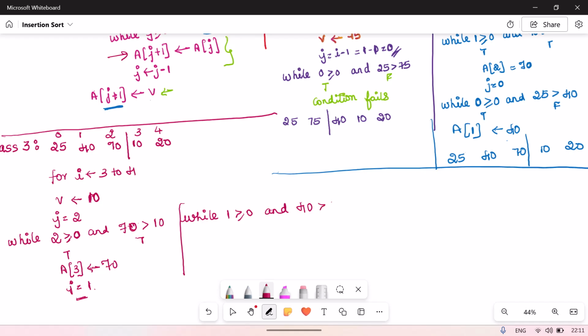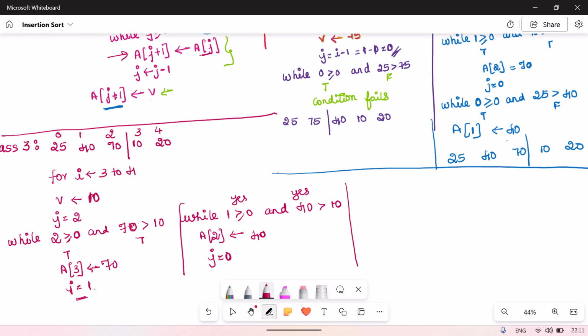Is it greater than 10? Okay. So now this also yes. So again, what will happen? 40, that is your next element, a of j, j is 1. So 40 will be assigned to a of 2, and j will be reduced by 1.